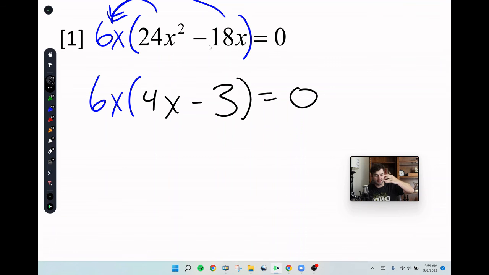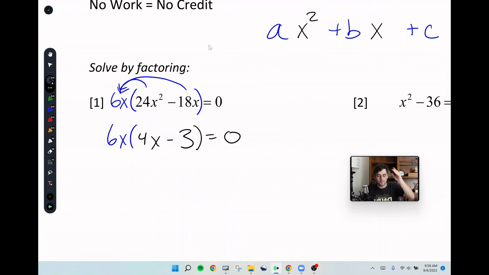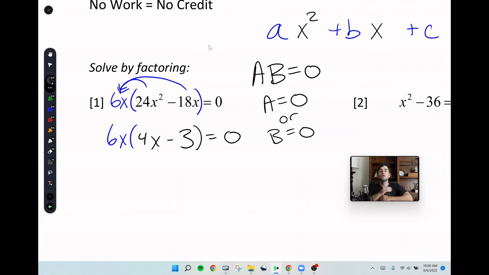So now we've got 6x and we've got 4x minus 3, and they equal 0. Here's a rule or property to think about: if capital A times capital B equals 0, that means that either A equals 0 or B equals 0 or both. There's no number you can possibly think of where those 2 numbers multiplied will equal 0 without one of them being 0, right?